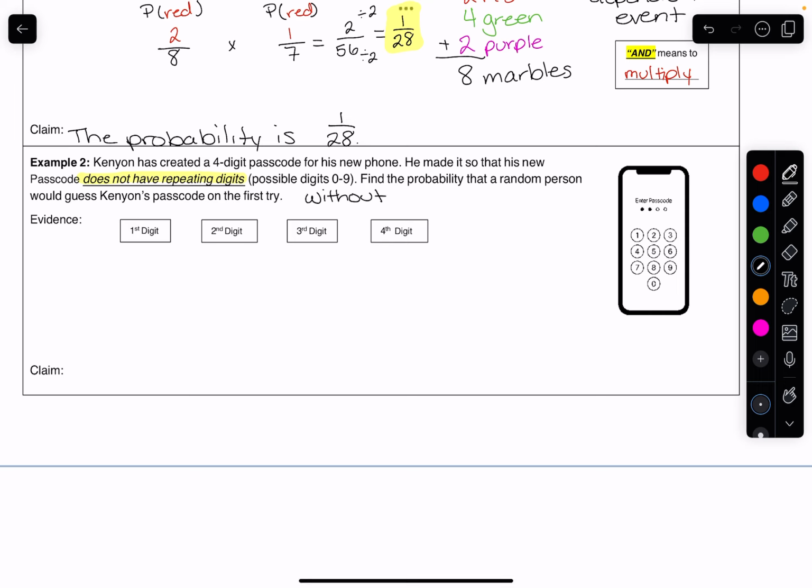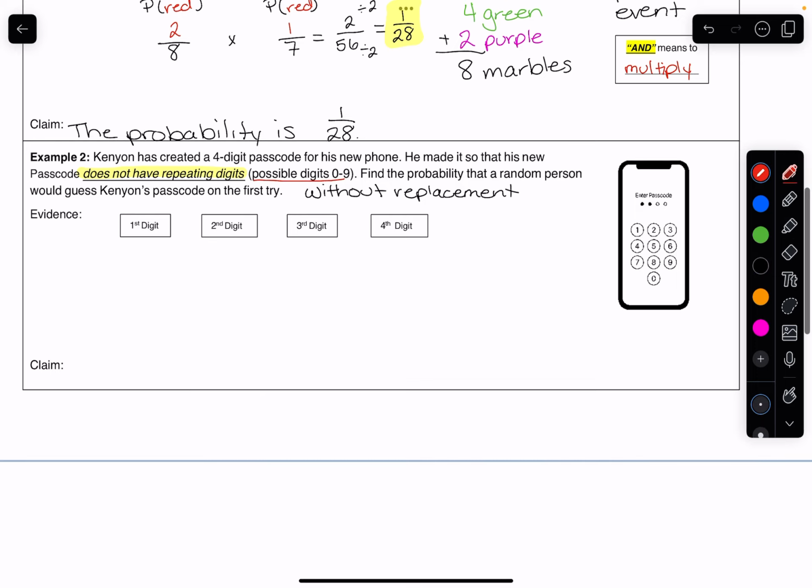The possible digits are 0 to 9. So how many numbers do we have in total? We have 1, 2, 3, 4, 5, 6, 7, 8, 9, 10. So 10 numbers in total.